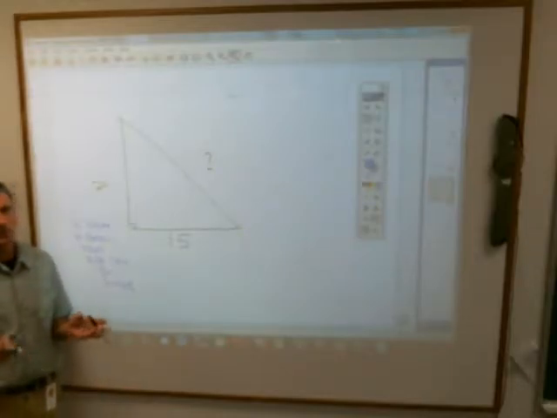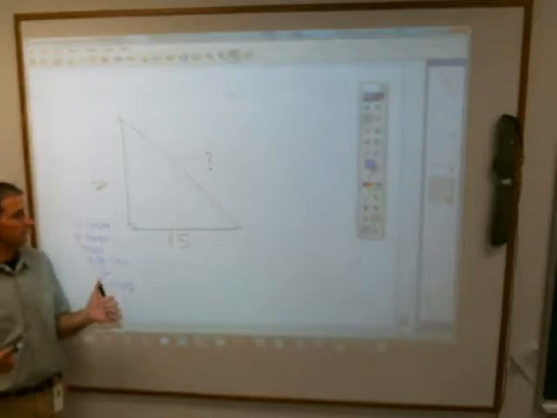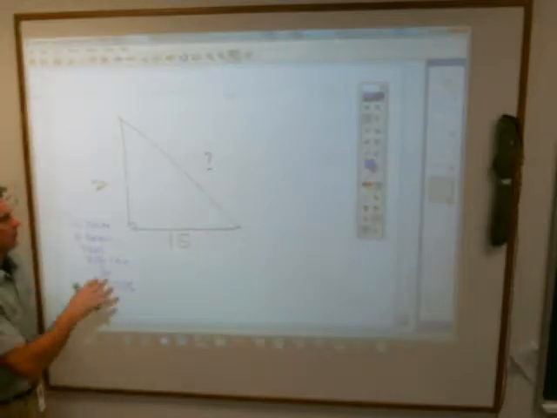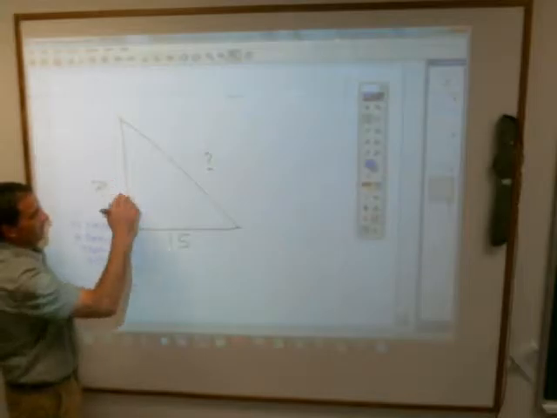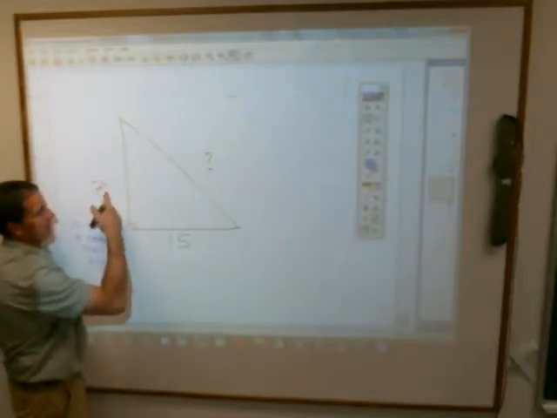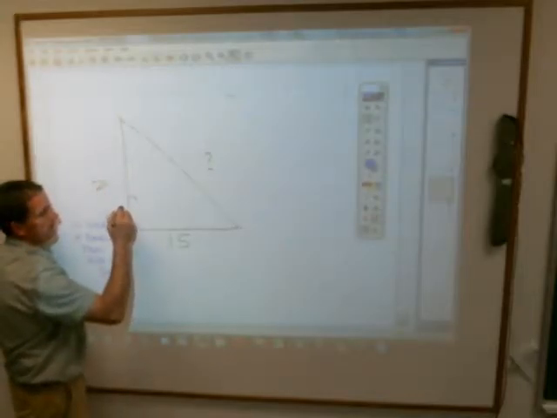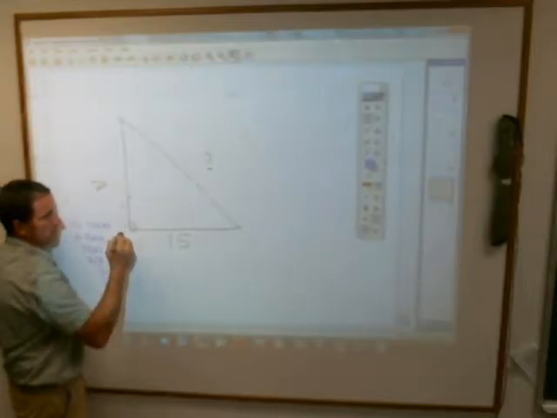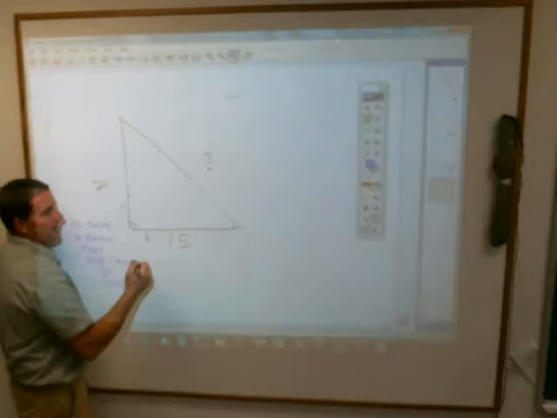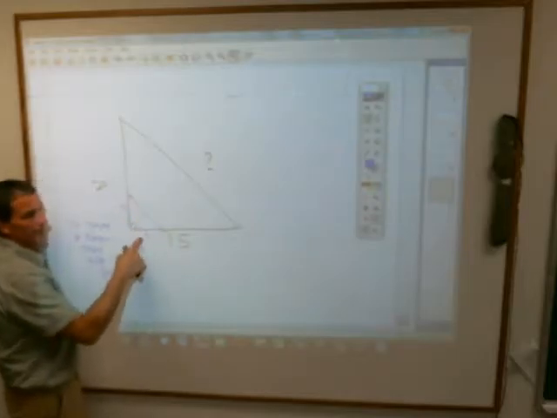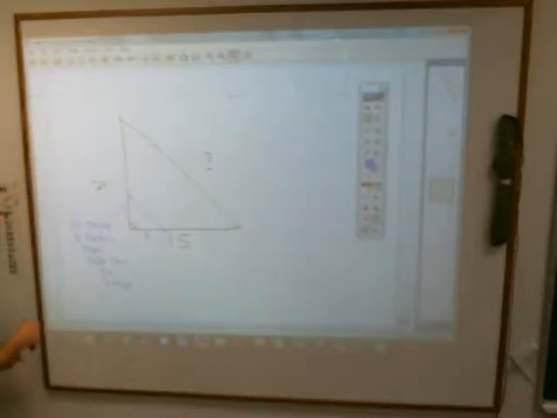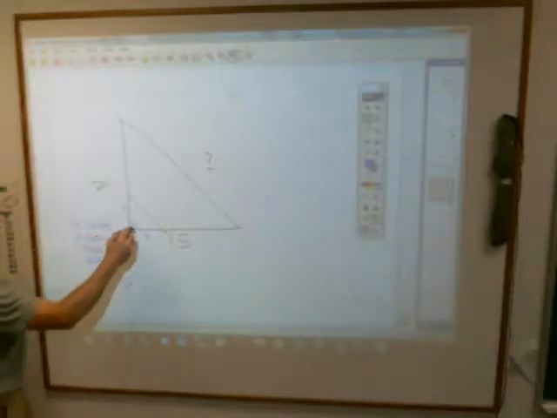What number goes into 15 and 20? 5. So if you divide 20 by 5, that is 4. That would make this 4. 15 divided by 5 is 3. And then you look at that. Is there a 3, 4 triple? Yes. Absolutely, it's 3, 4, 5.